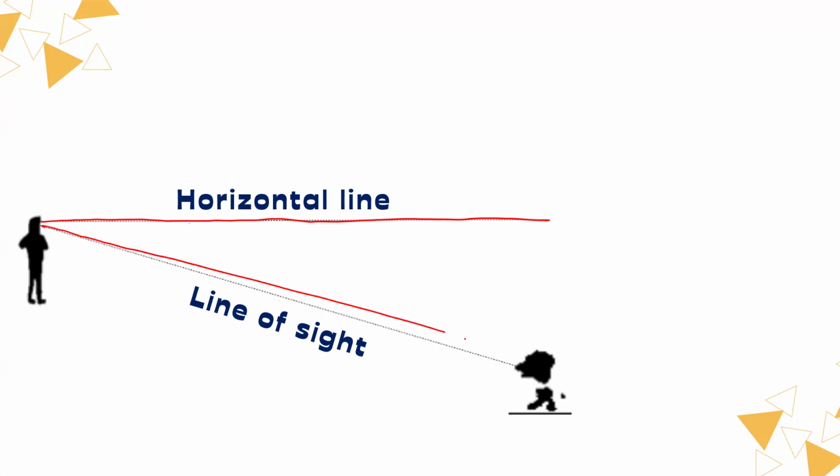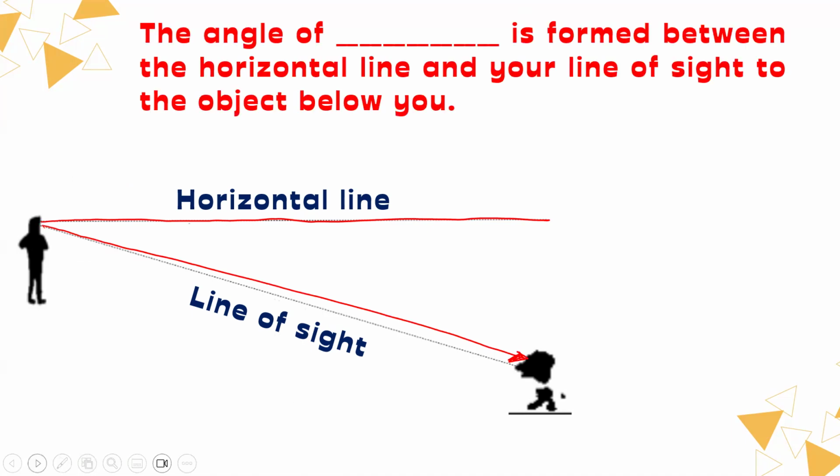So in this case, you're bowing your head and you're looking at the object below you. In this case, the angle formed between the horizontal line and your line of sight to the object below you is, do you have any guess?